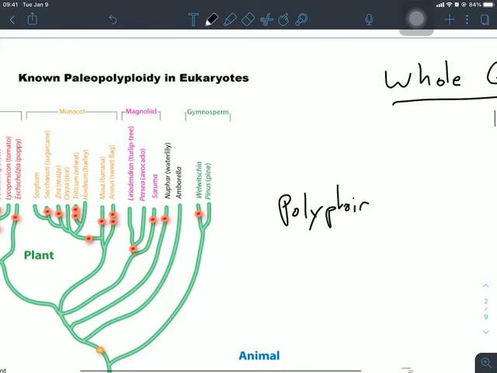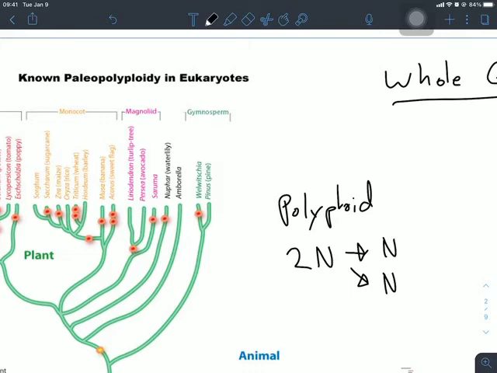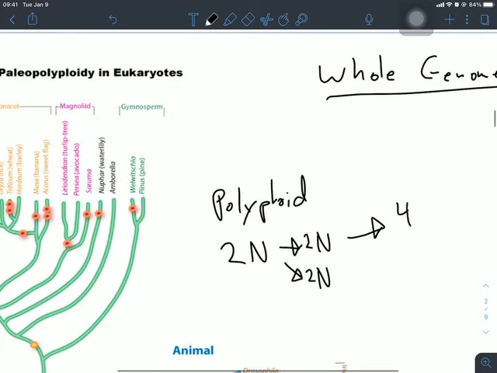This occurs when a plant, rather than dividing properly via meiosis and going from something that's a diploid to making an egg and a sperm that are each haploid, will instead retain diploids and they fuse with other diploids and create plants that are now tetraploid or octoploid or hexaploid.